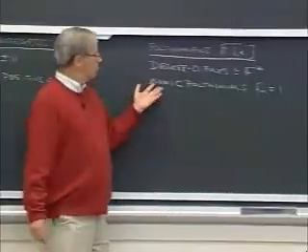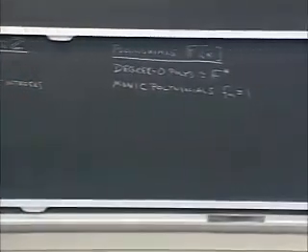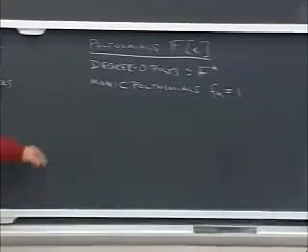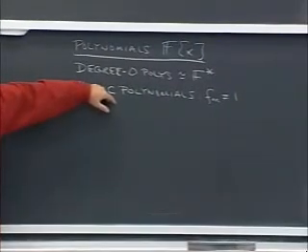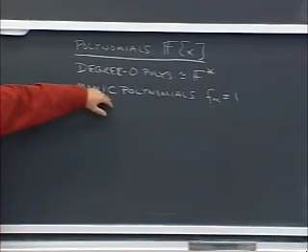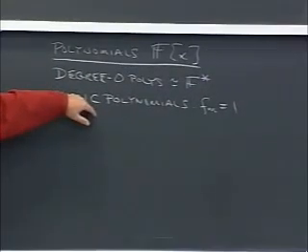Similarly, over here, when we talk about unique factorization, we mean unique up to units. We're basically going to talk about the factorization of monic polynomials into a product of monic polynomials. Okay?